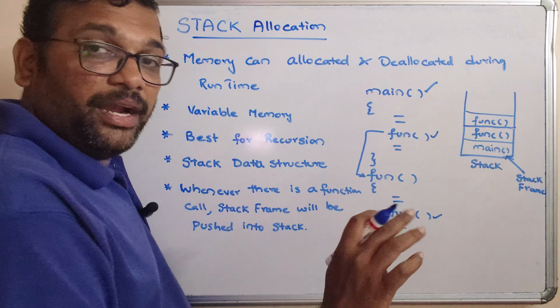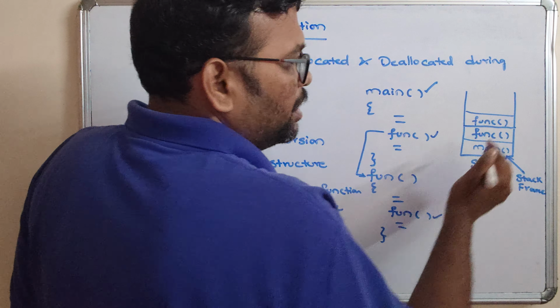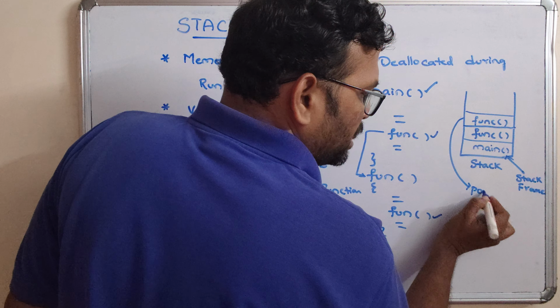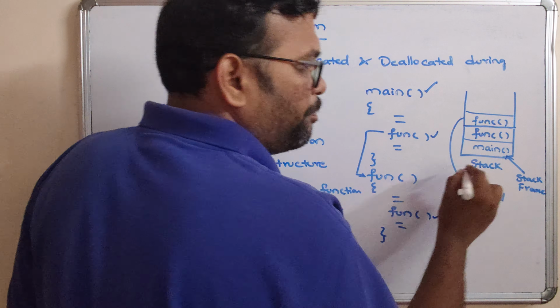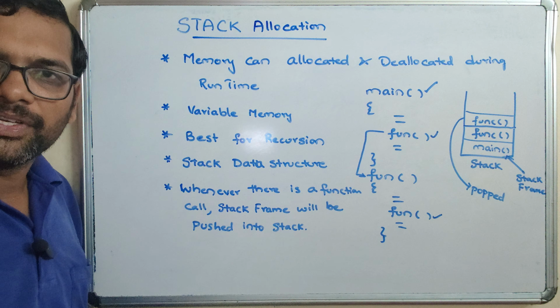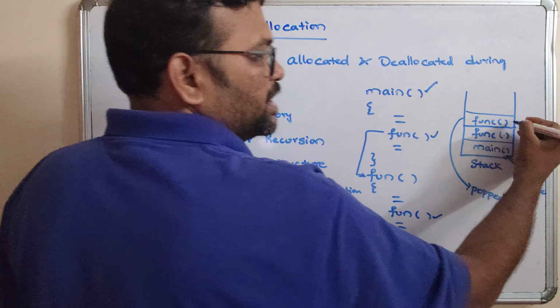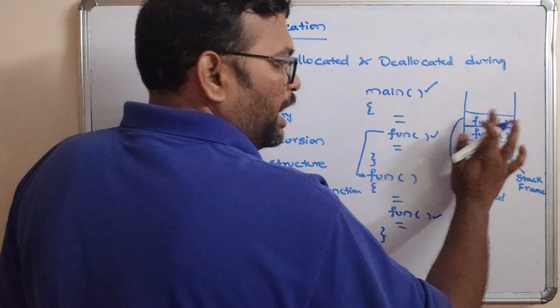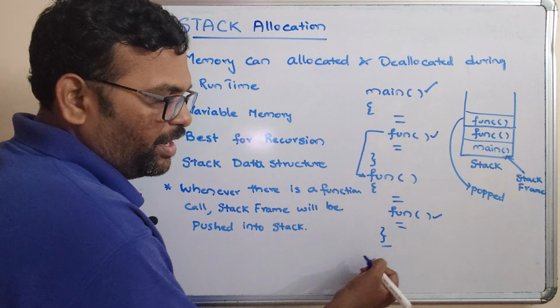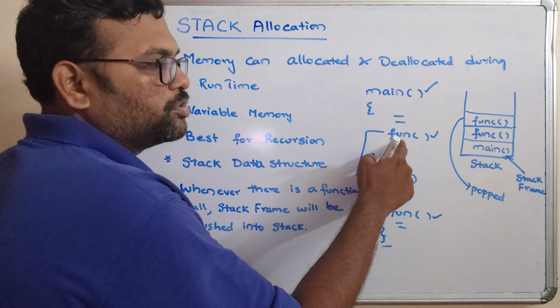Once it is completed, it will be popped. Once the function call executes, it will be popped and the control moves to the calling function. Whenever this completes, it is popped and the control comes here, and again when that completes it goes back here.